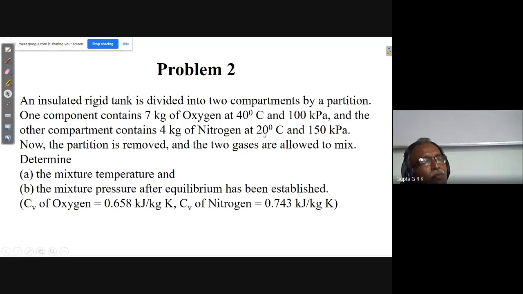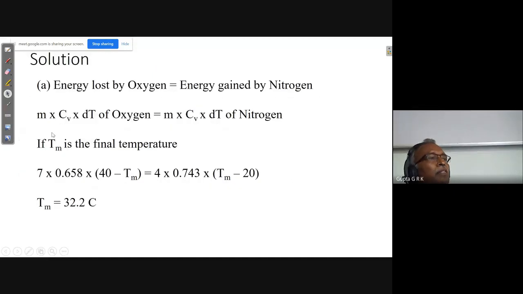Okay, so like that we can find the mixture temperature. If Tm is the final temperature, I will get 32.2 degrees centigrade. Now I want the pressure, right?